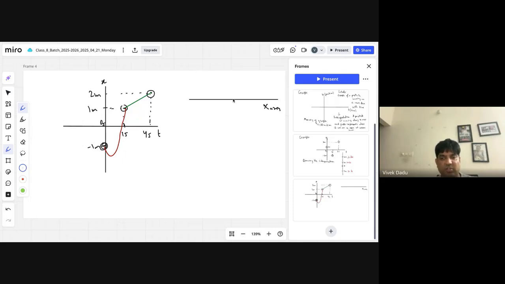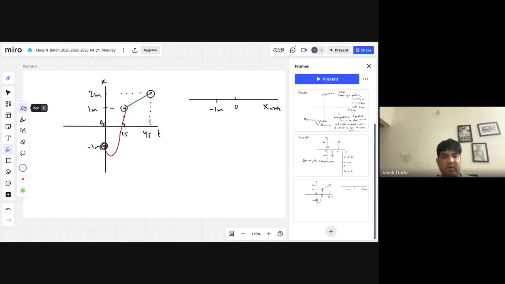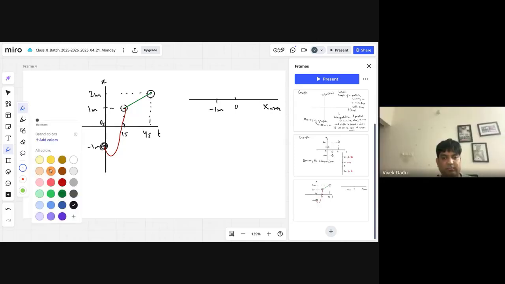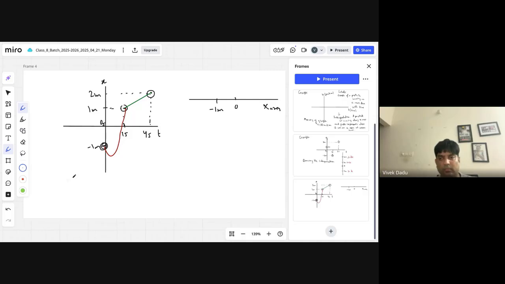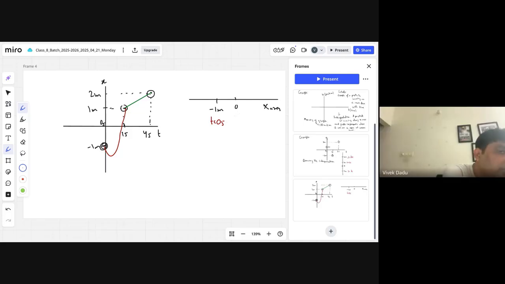The interpretation. Where was he at initially? So -1 meter. So beside -1 meter, I can write t equal to 0. Yes or no? Yes, sir.